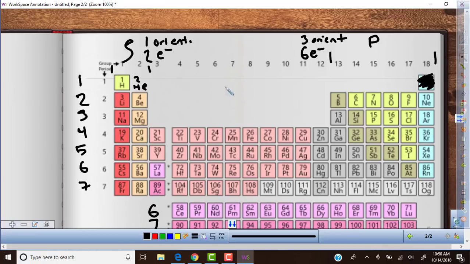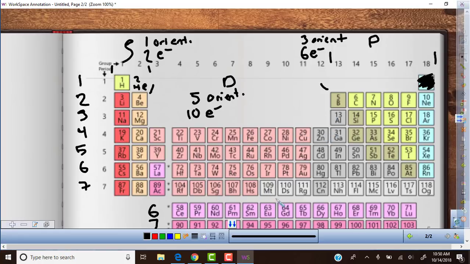Down here, in between the s and the p, we have our d block, or our d sublevel. And the d sublevel has 5 orientations. And you guessed it, there will be 10 electrons in this sublevel. So 1, 2, 3, 4, 5, 6, 7, 8, 9, and 10.